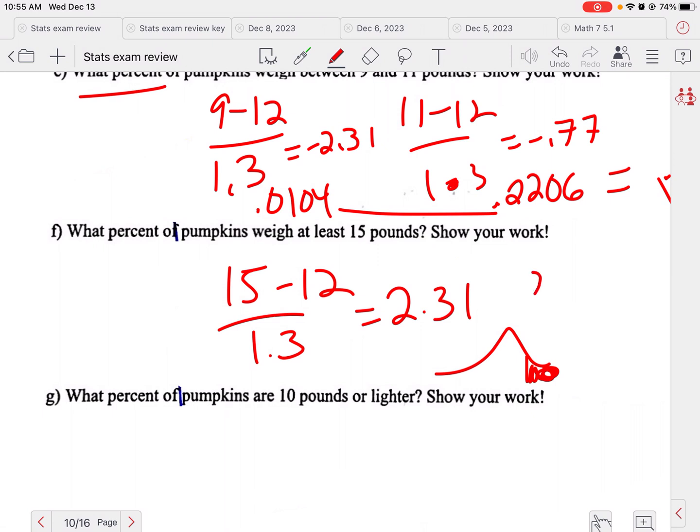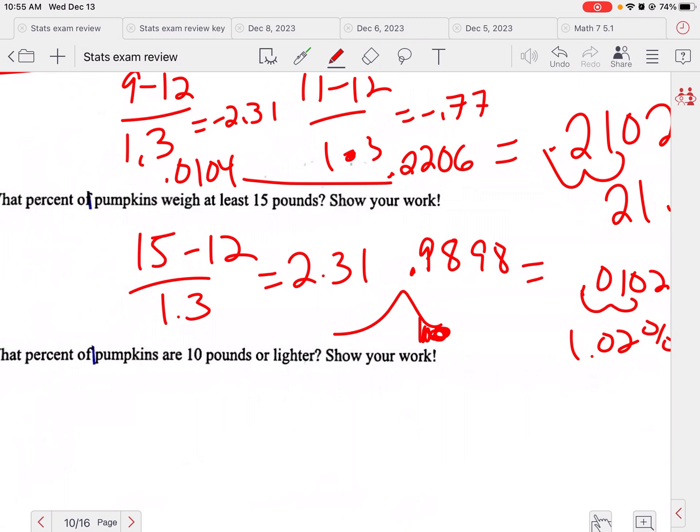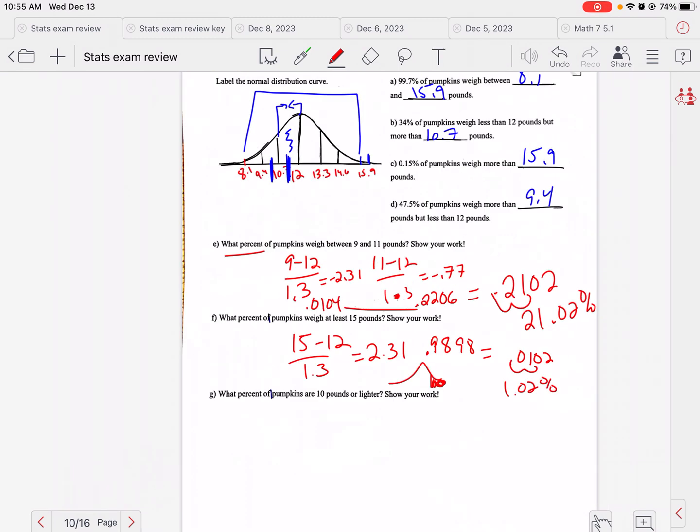So that's 0.9898. So we're going to do 1 minus 0.9898, so that would be 0.0102. So 1.02% of pumpkins weigh at least 15 pounds. So that's above 15 pounds, a very small number.